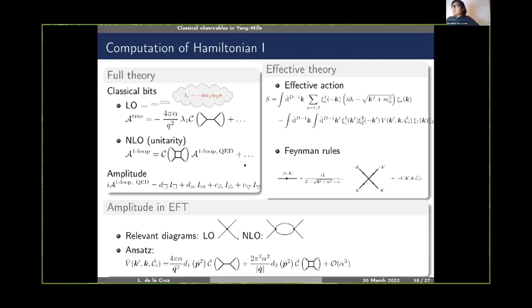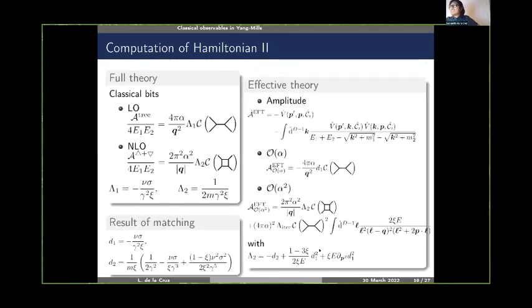Then, because I'm interested in the Hamiltonian, I construct an ansatz for the potential operator, which contains both of my color factors. Using this ansatz, in the full theory I know how to compute the amplitudes, whereas in the effective theory I just compute my diagrams.